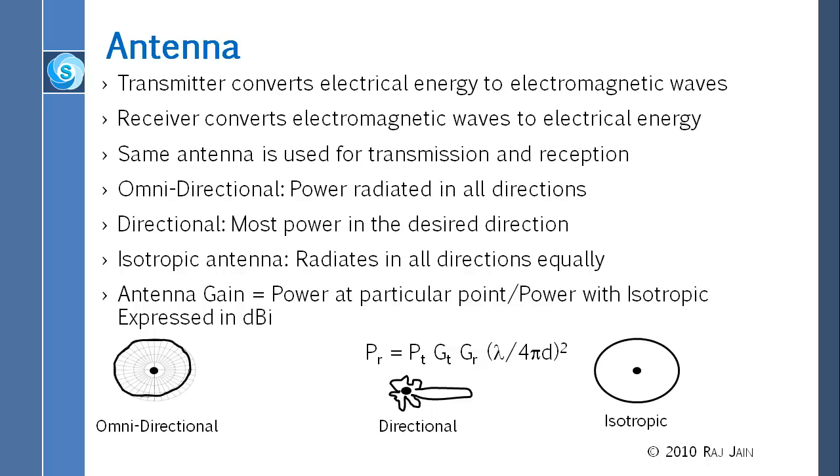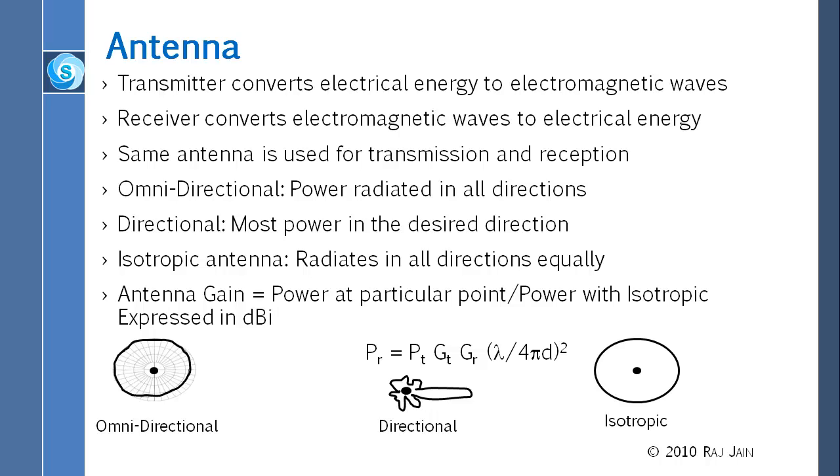So there is a lot more power in this direction and very little in the backward direction. So whichever direction you want to send, a lot more power goes in that direction and very little goes in the other direction.